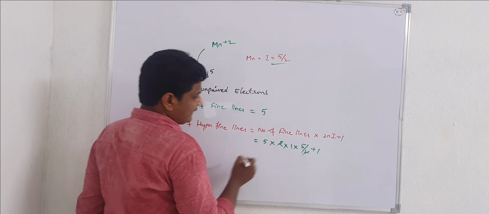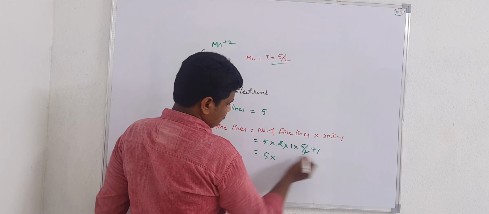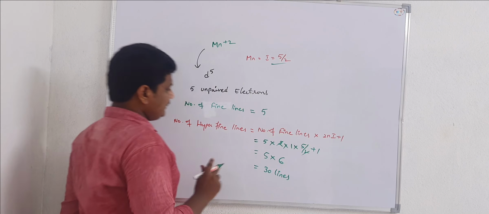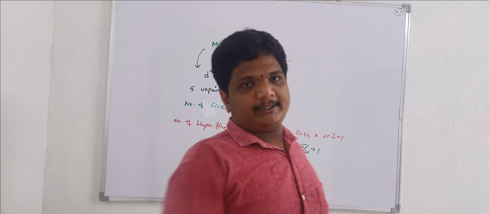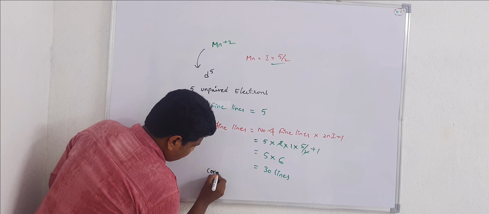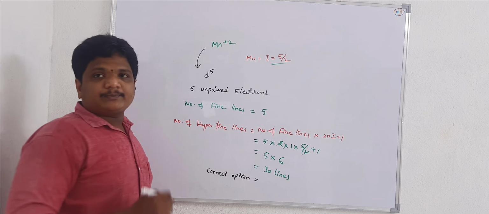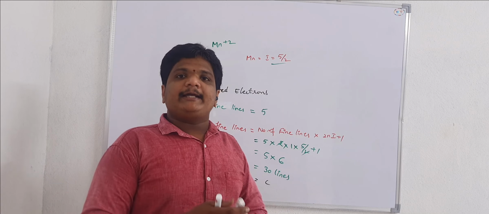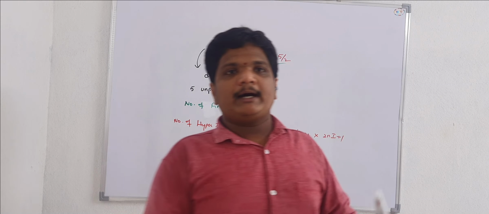So this 2 and this 2 will cancel out. So we have 5 into 1 into (5 plus 1), so that is 6. So that is 30 lines, 30 hyperfine lines that we can observe in the case of the Mn+2 high spin complex. So here the correct option is option C. That is the 5 fine lines and 30 hyperfine lines that we have observed in the case of the high spin Mn+2 octahedral complex.